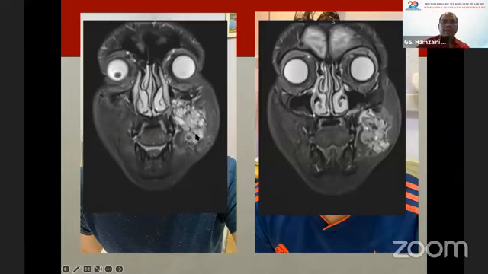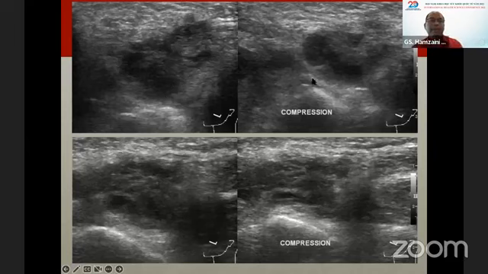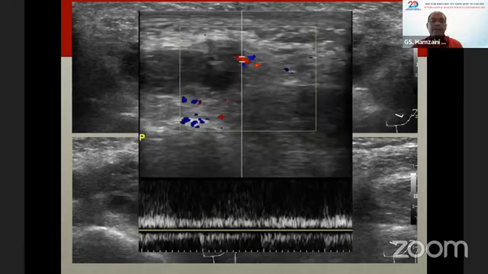One of the cystic components here has a phlebolith. On ultrasound, it is compressible. This is without compression, this is compression, this is without compression, and this is compression. So we know that this lesion is compressible, there is a phlebolith on MRI, and the flow within this lesion is basically venous flow.